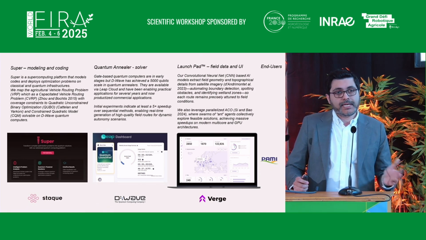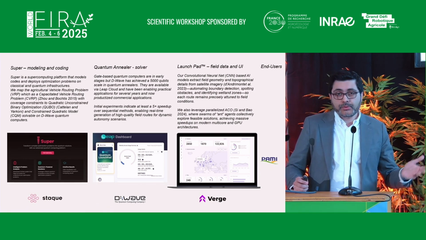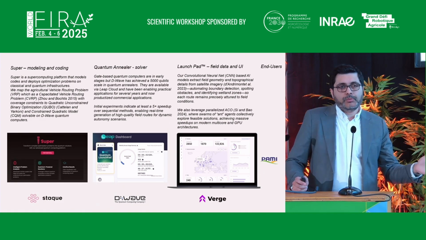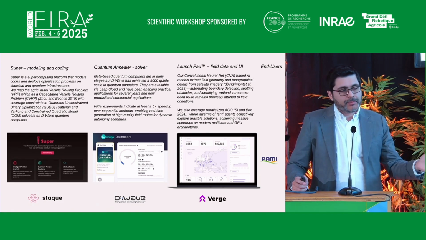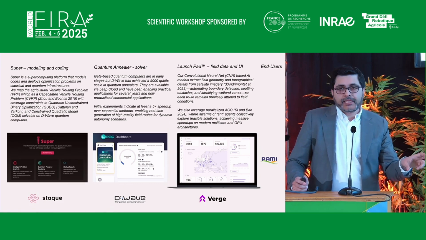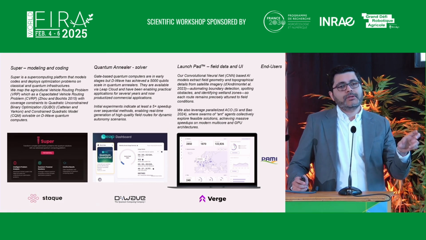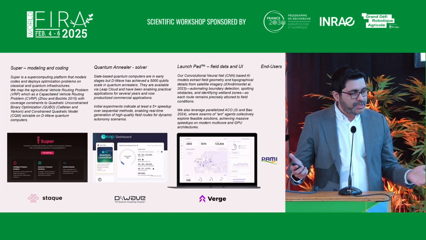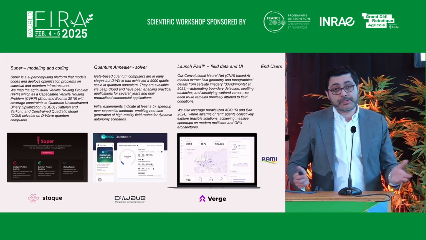Customers and end users interact with the results through Launchpad, and then you can push the results to the machines, export them, and the machines will execute them in the field. But in this particular project, the emphasis was on the simulation and analysis of running those machines in thousands of fields.